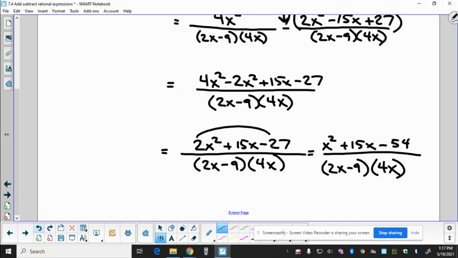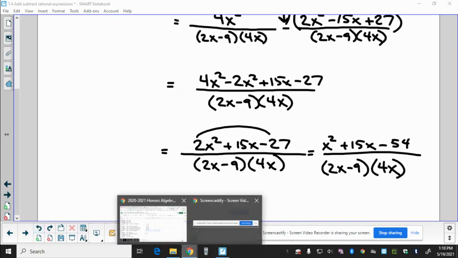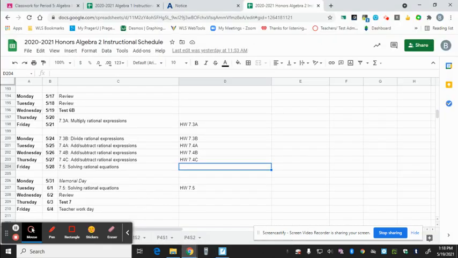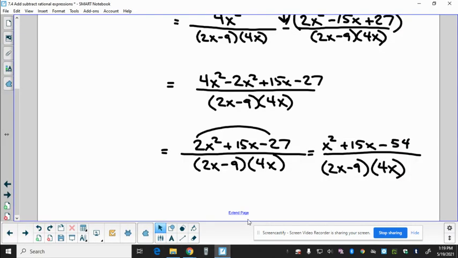I'm trying to think, do we have two numbers that are going to multiply to give you negative 54 and give you 15? All right, so let's pause this for a moment and think about that. Yeah, so I think that we can do that. Had to pause and think about that for a minute with a calculator, but this expression here can be factored into x and x, 18 times 3.